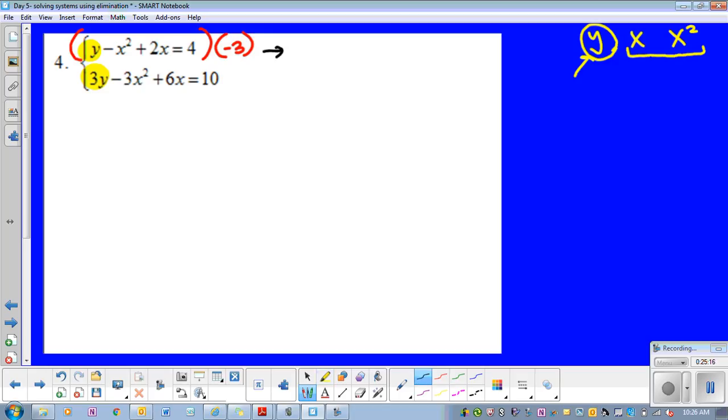All right, so let's distribute. Negative 3 times y gives me negative 3y. Negative x squared times negative 3 gives me positive 3x squared. Yeah? Oh my goodness, are you like so far ahead of me?